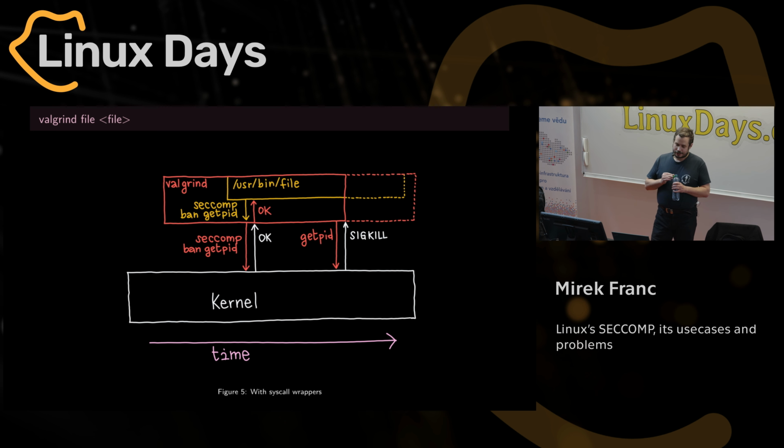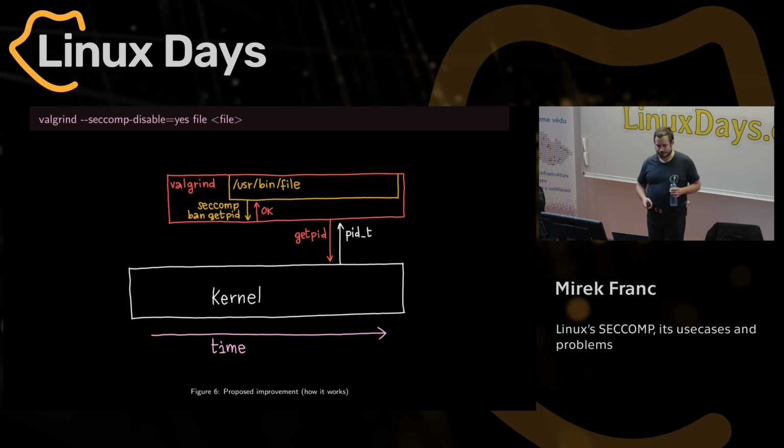So that's a bit of an unfortunate situation, because Valgrind itself is sandboxed, but that sandboxing is decided by the program Valgrind tries to analyze. Does it make sense? Perfect. Okay, so I'm proposing to implement this feature.